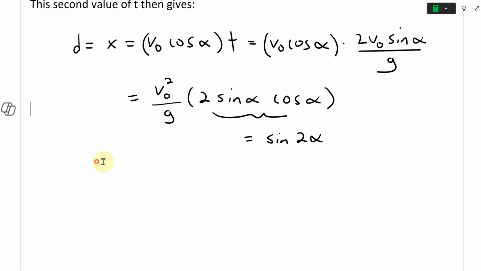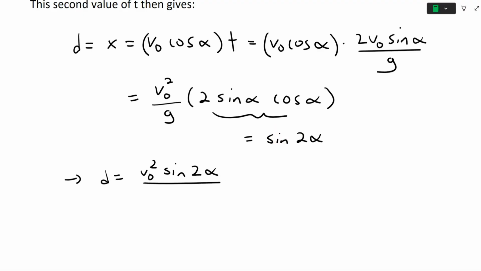I'll link back to my earlier video on that. So now d is equal to x, and that equals v naught squared sine 2 alpha divided by g. And that is our distance formula.